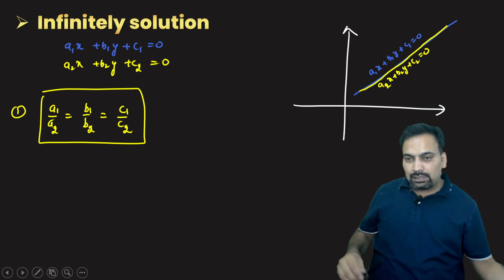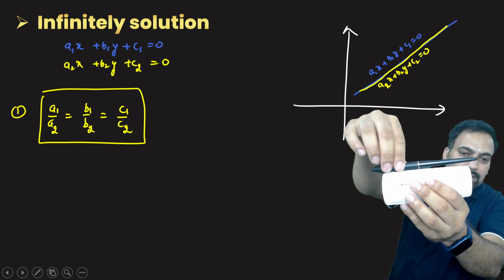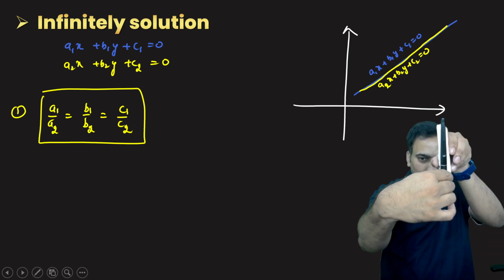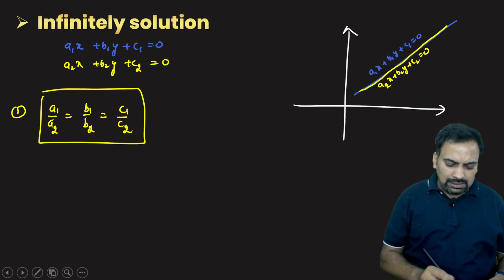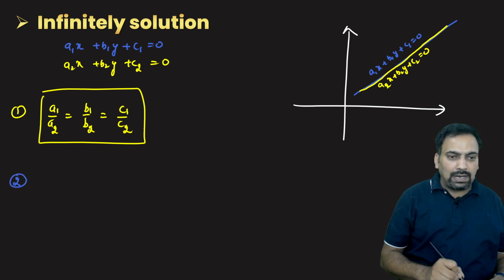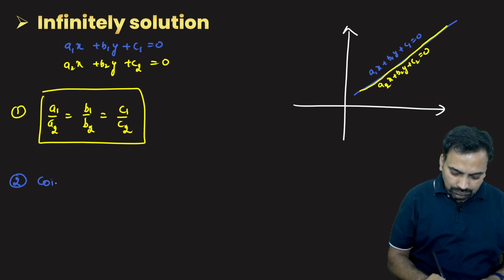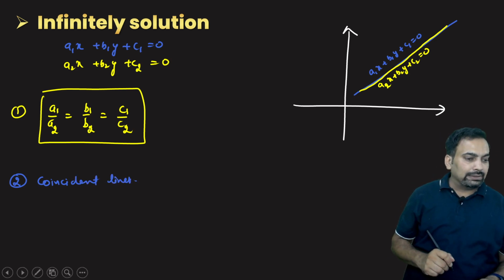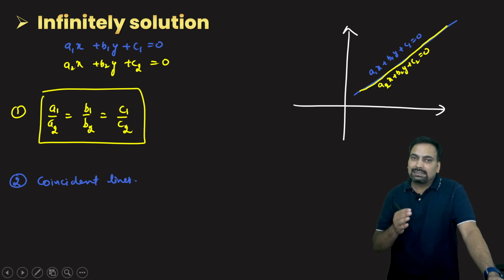Overlapping means infinitely many solutions, and these types of lines are called coincident lines. They are also called a consistent system of linear equations, because they are giving us a solution.